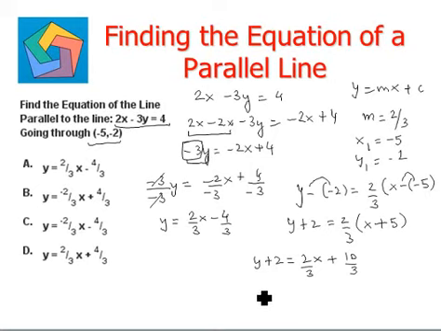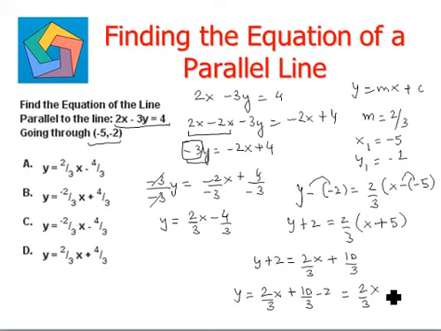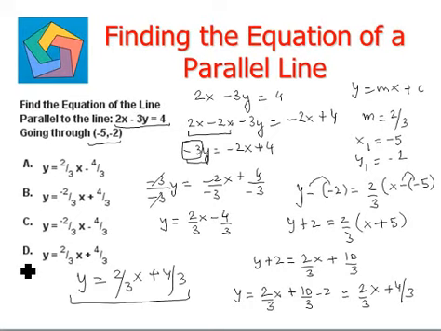So we subtract 2 on both sides. y equals 2/3 of x plus 10/3 minus 2. So when we solve this, we get the final answer to be y equals 2/3 of x plus 4/3. This is the final answer and can be seen in option D.